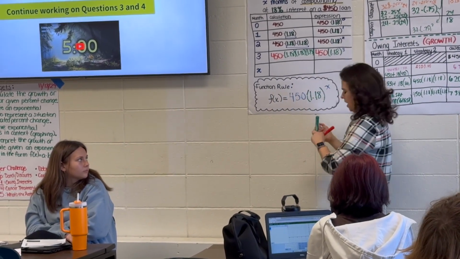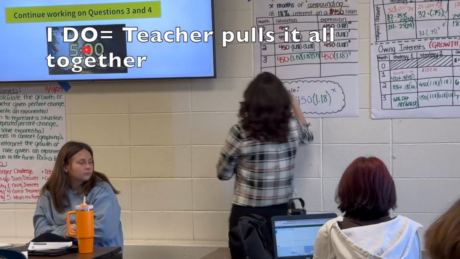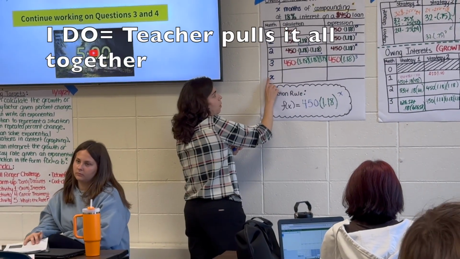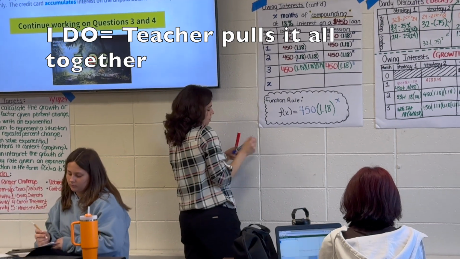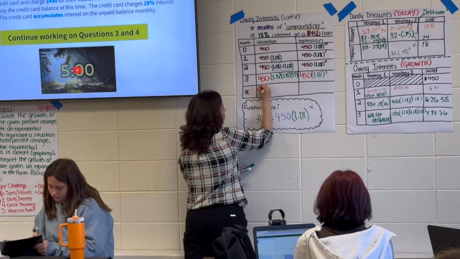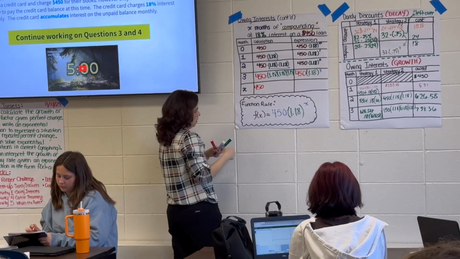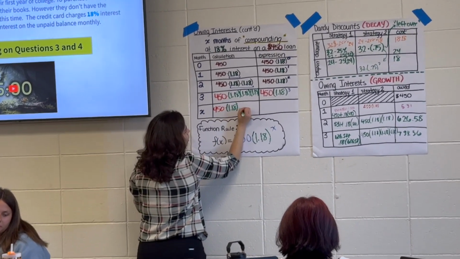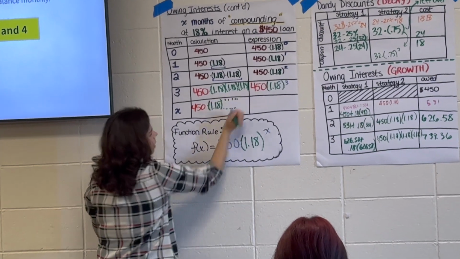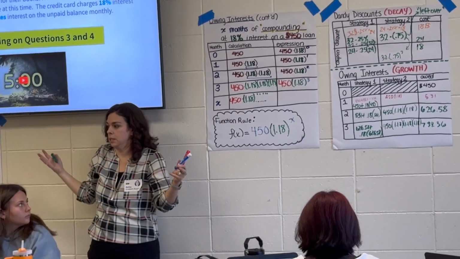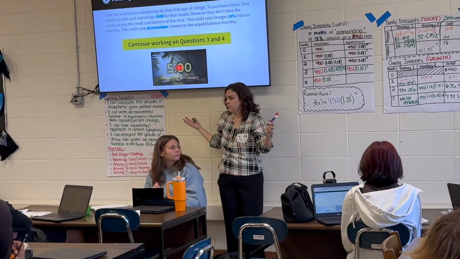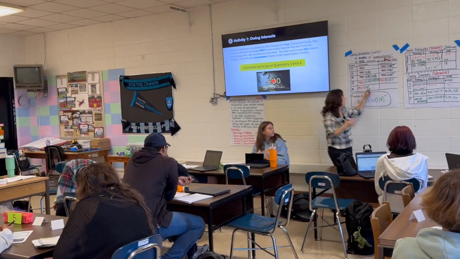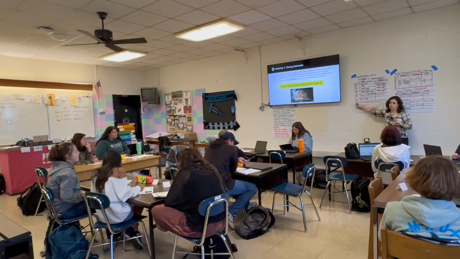Okay, and let's see why that works. We're looking at this pattern here. If I wanted to know x months, then I would be doing 450 times 1.18 on repeat, right? For however many months, whatever x represents. I don't know what x represents, x months.